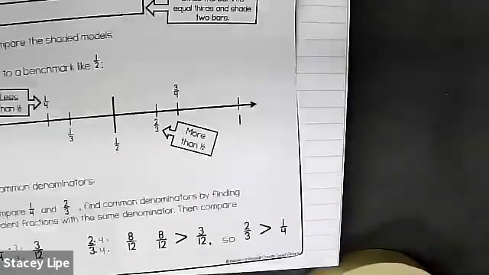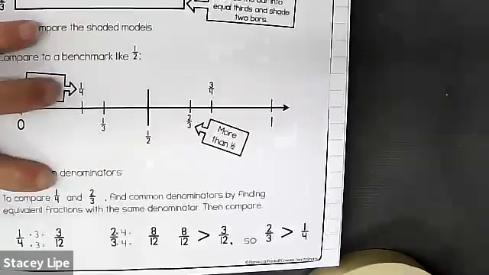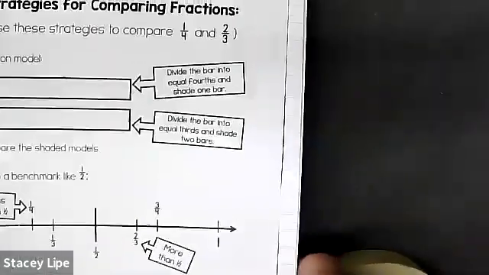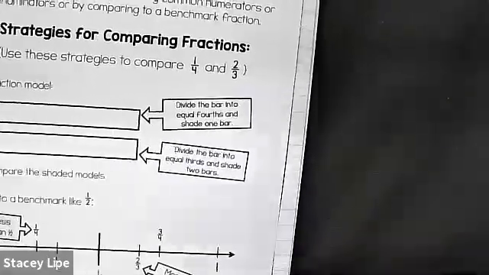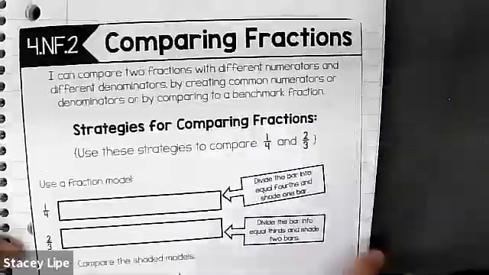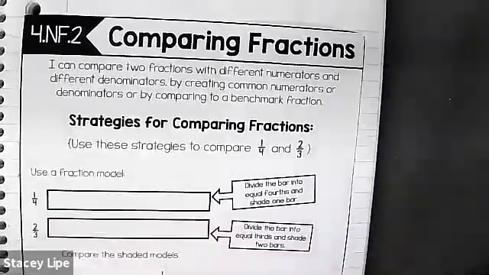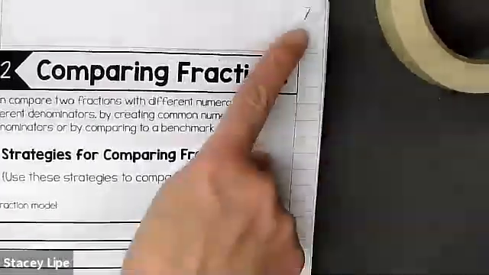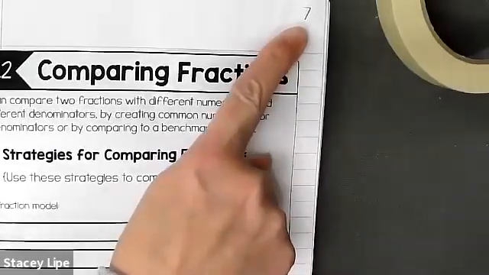Once you've cut that out, it's going to go on your piece of paper, and you're going to take your glue stick and glue the back. Also up at the top, you should go ahead and write number 7.